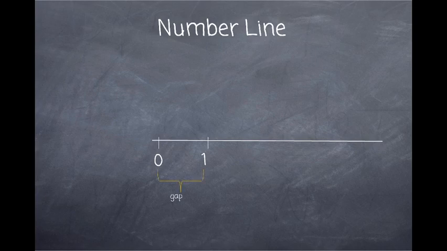And then we know the gap in between these two numbers is 1. Then the gap in between all consecutive numbers is 1. So we can mark 2, 3, 4.